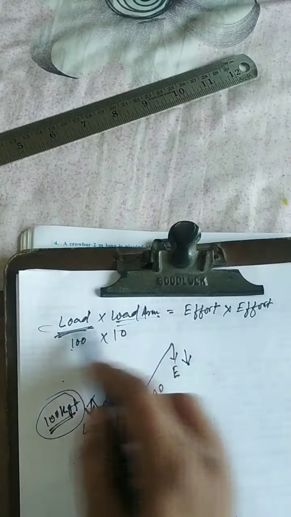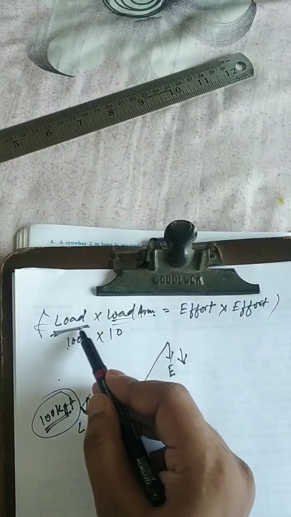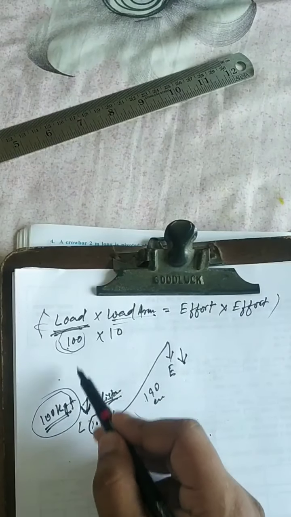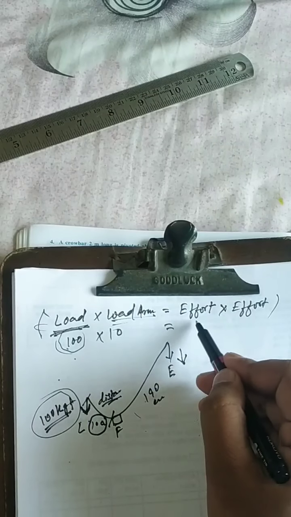This is the formula, the principle of lever. From the principle of lever we get this formula. Load is given, 100, we have to lift this load. Effort we have to find out.